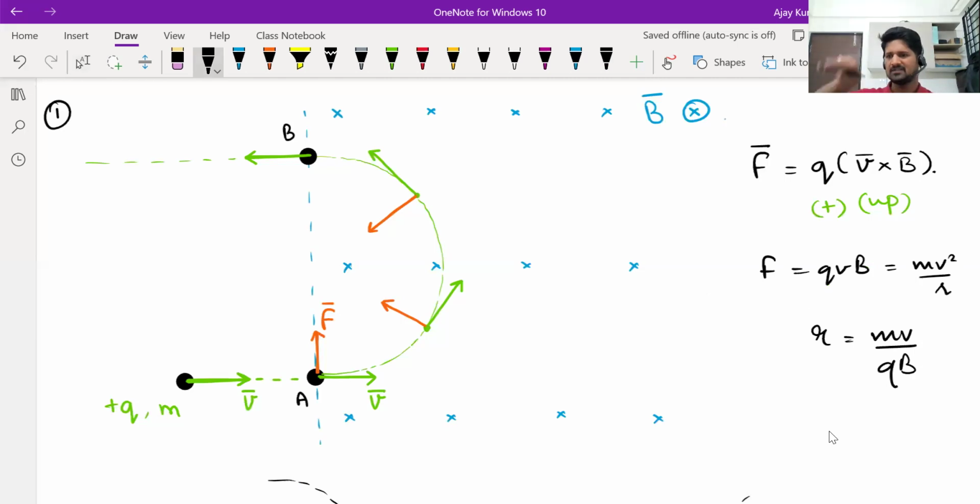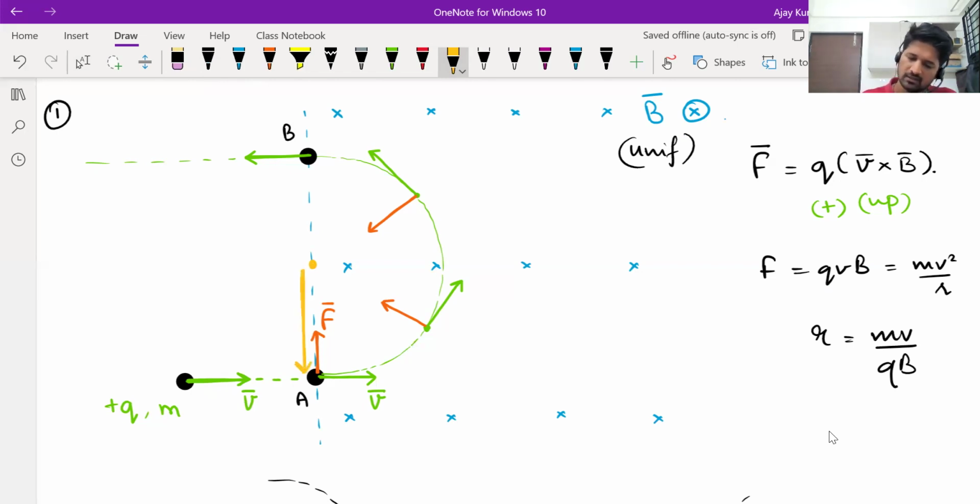So whether it completes the circle or executes only a part of the circle, the radius is going to be mv by qB, if the field is uniform and the velocity is perpendicular to the magnetic field. So the radius of curvature of this semicircle will be mv by qB. This is the radius.